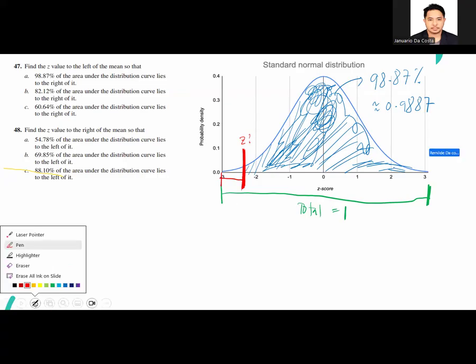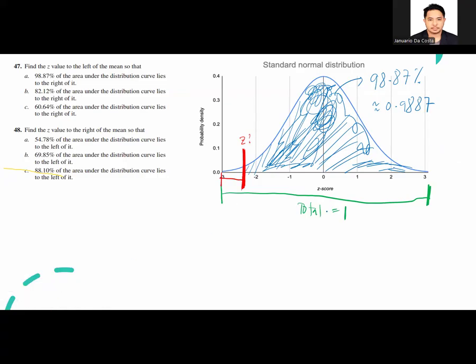So in order to find the one in the blue, the probability of the z value, which you don't know, is equal to 0.9887.